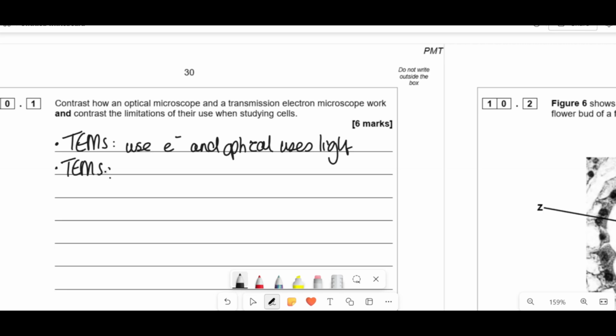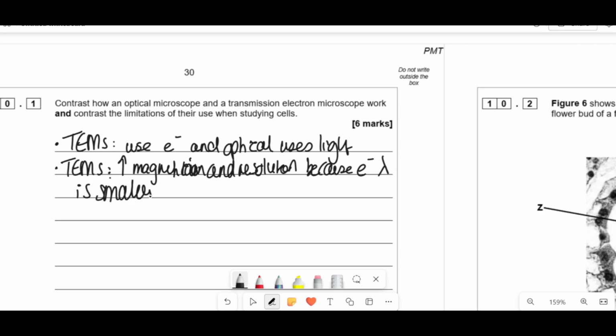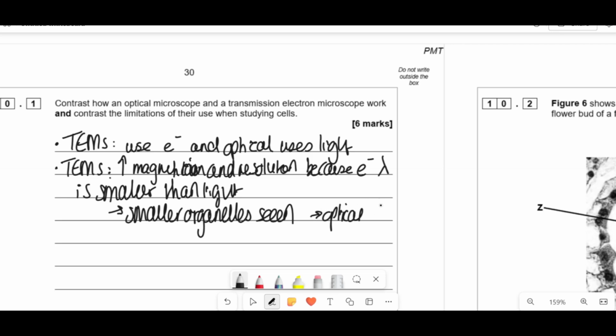Well, the difference is that they have a higher magnification and resolution because the electron wavelength is smaller than light. So what does that mean? It means you can look at smaller organelles, but the optical can't do this.